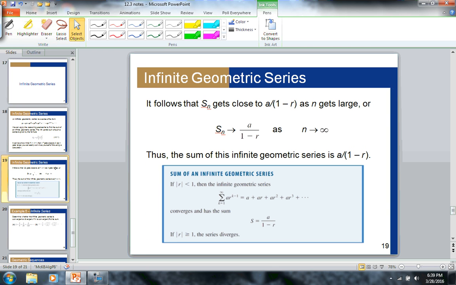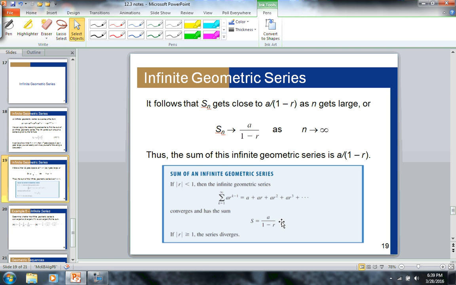So what this all boils down to here is that as the number of terms goes to infinity, the partial sum ends up getting closer to a over 1 minus r. So that's where this is coming from.